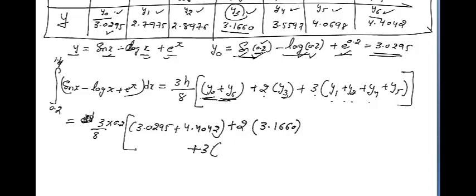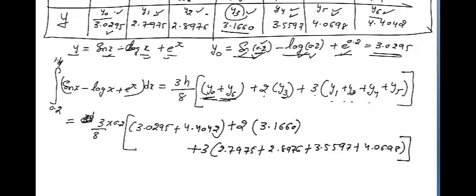What are all the others? All the others are y1, which is 2.7975, plus y2, which is 2.8976, plus y4, this 3.5597, plus y5, 4.0698.